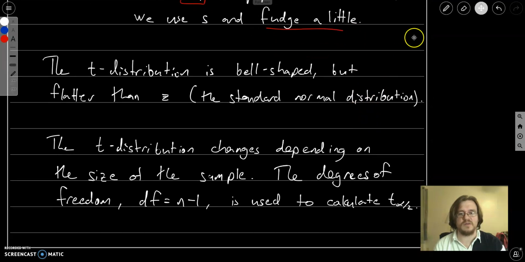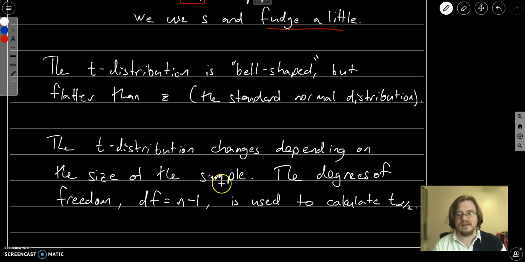So essentially, what do I mean by close? Well, it's still bell-shaped, but it's going to be flatter than the standard normal distribution. So when we're looking at t's, it's going to be a bell shape, but it's going to be a bit flatter than the normal z distribution.